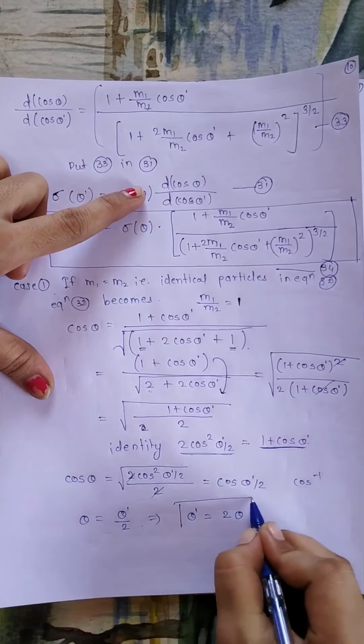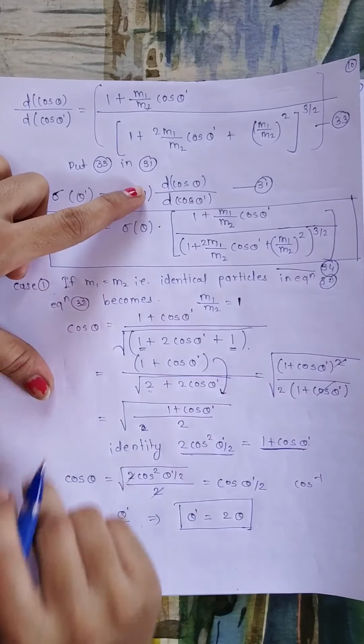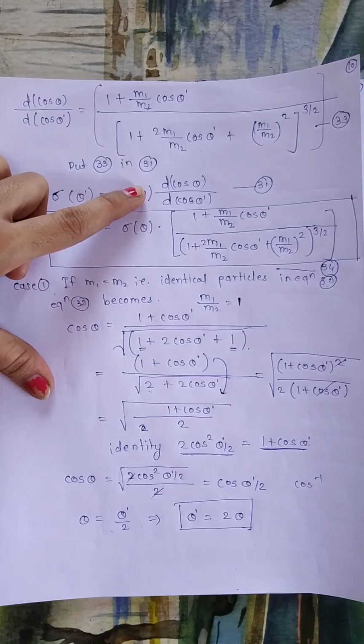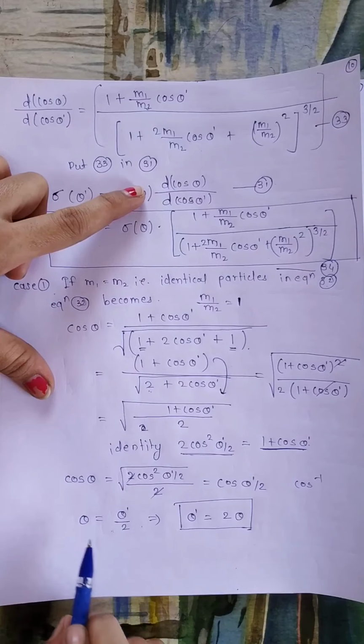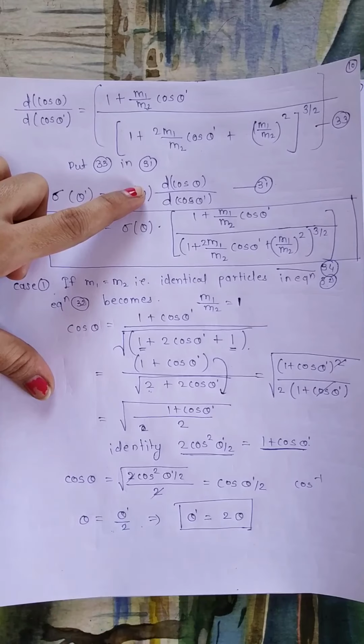In the previous lecture also, in one of the cases, we calculated this relation. That is, the scattering angle in lab frame is equal to half of the scattering angle in center of mass frame.